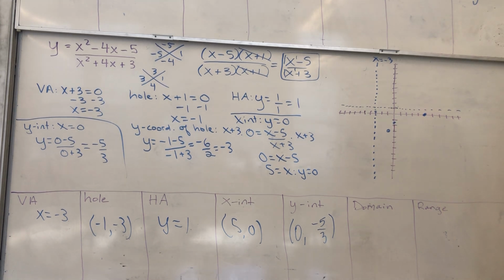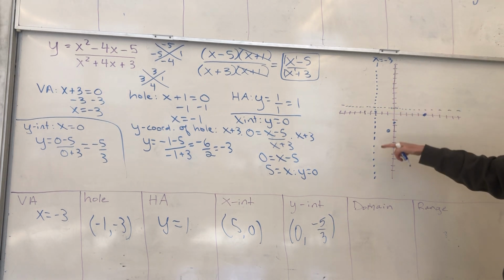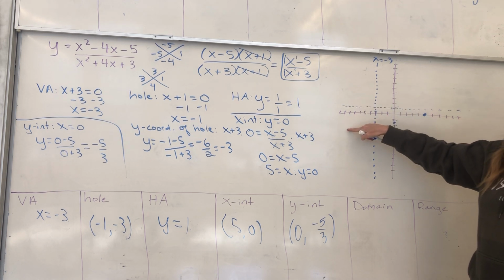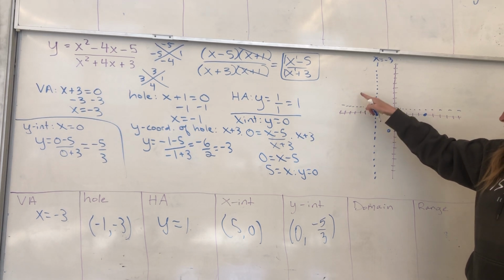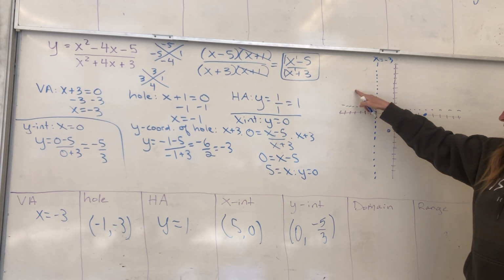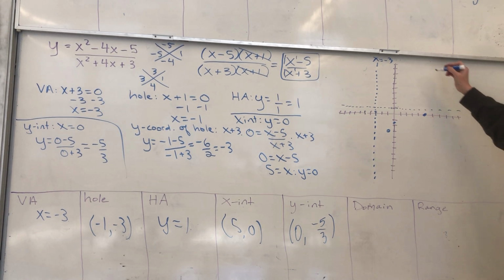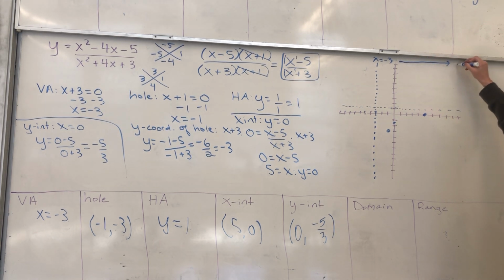Okay guys, here we are. We've got points on this side of the VA, but not over here. So we need to plug in another point to figure out where our graph is going to be. Is it going to be in the upper left or the upper right? Well, let's check. Let's plug in, how about x equals negative 4?